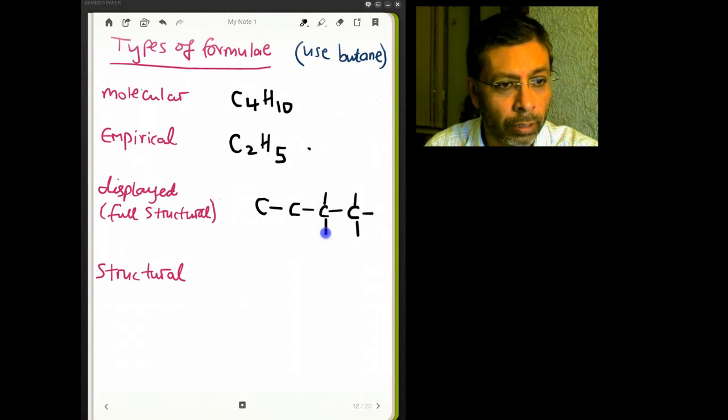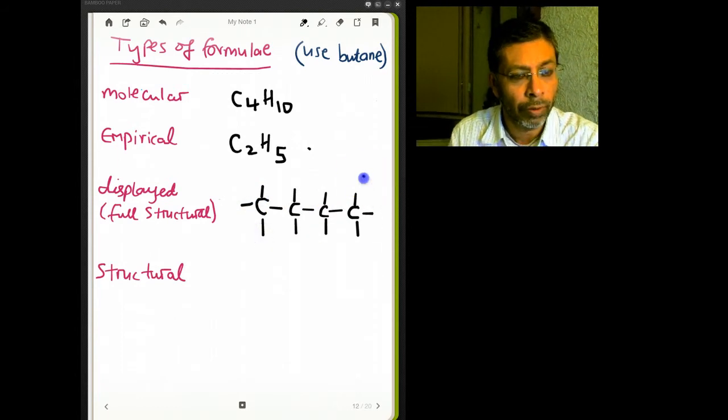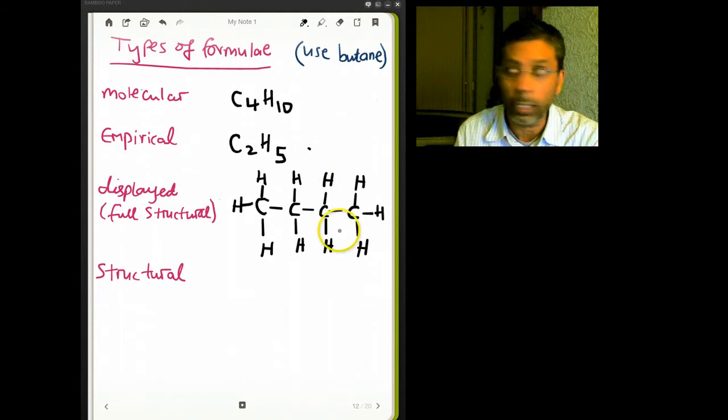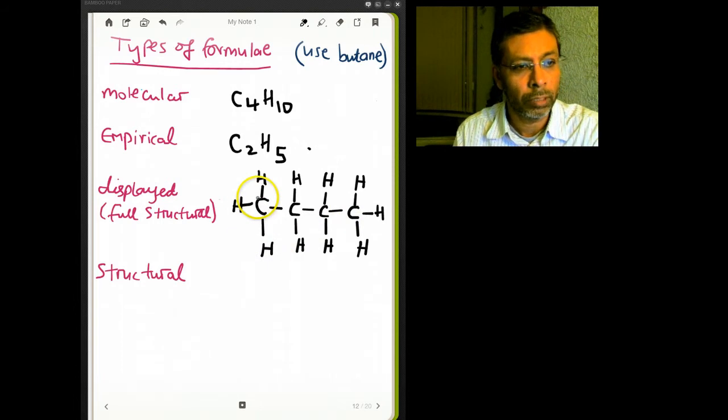If I put the rest of the covalent bonds in for butane, then we'll see how many hydrogens there are. Here we are. Put them in. In the exam, you should put the hydrogens in. Okay. Right, and you notice that that is the full displayed formula.